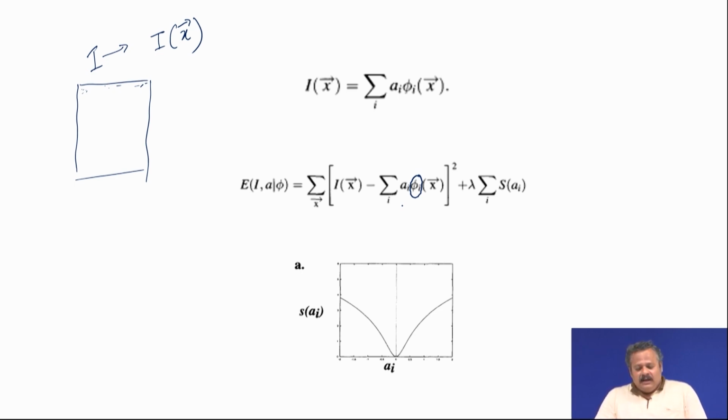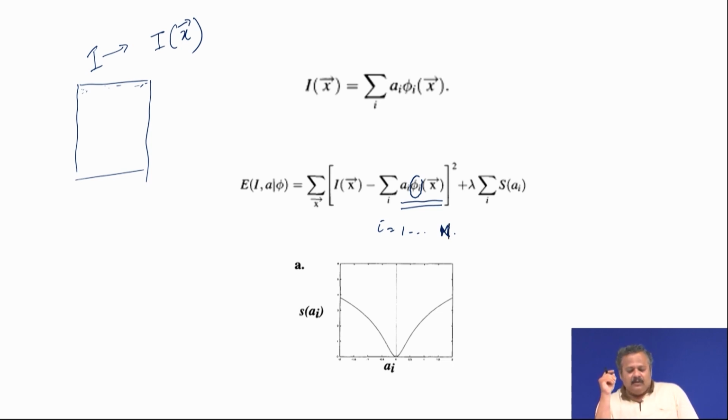So phi_i operating on that vector x, multiplied by the activity level A_i, is what information it is keeping about the image. So the term A_i phi_i(x), summed over all the units i equals 1 to capital N, I am sorry, capital N as we saw.